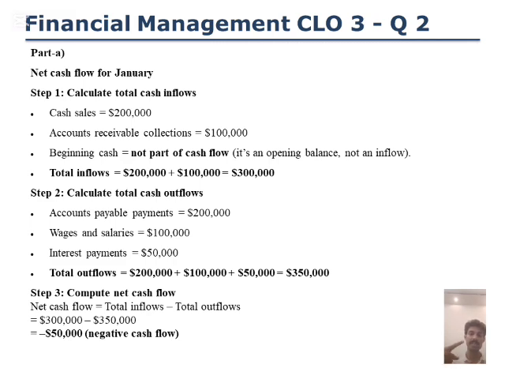The cash flows which I need to pay are accounts payable payments of $200,000, wages and salaries, and interest payments, so total outflows will be $350,000. In step 3 I compute net cash flows, inflows minus outflows. So there is a negative cash flow which is $50,000.